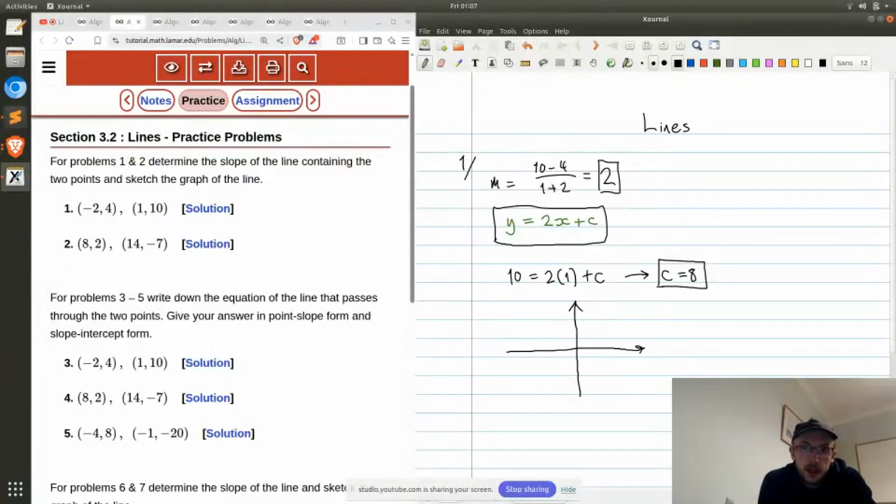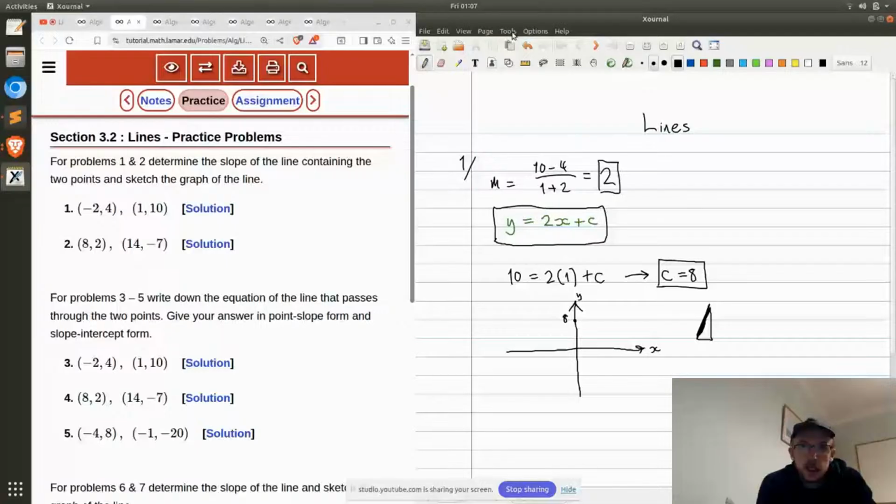What you would do is plot 8 on there, and if you had grid or graph paper, square paper, you would make sure that every 1 unit you go to the right, you go 2 units up.